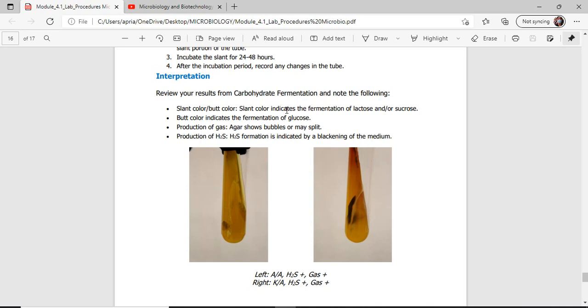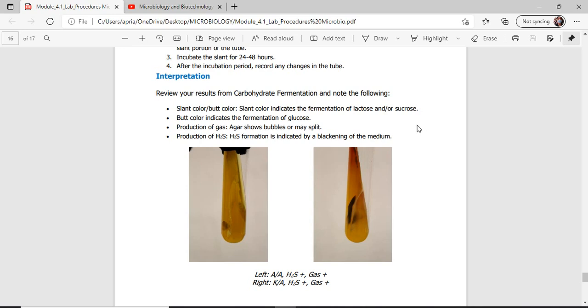Okay? Now, you have here review sa mga interpretation kung ano mga changes sa mga TSIA. Okay? So, note the following or remember the following. First, you have your slant color or sa butt color. If the slant color indicates there is a fermentation of your lactose and or your sucrose.